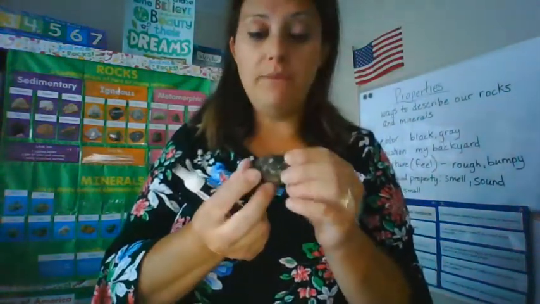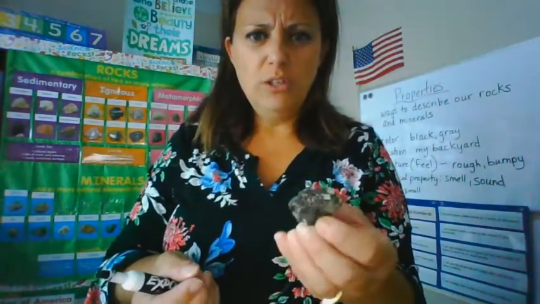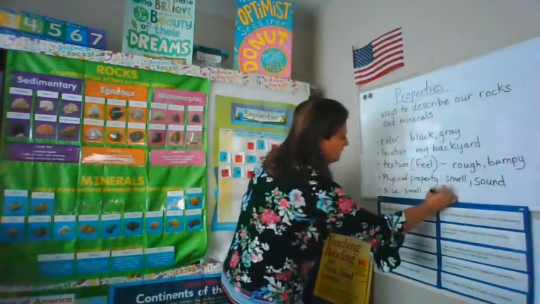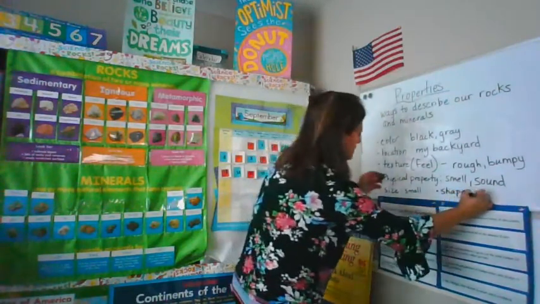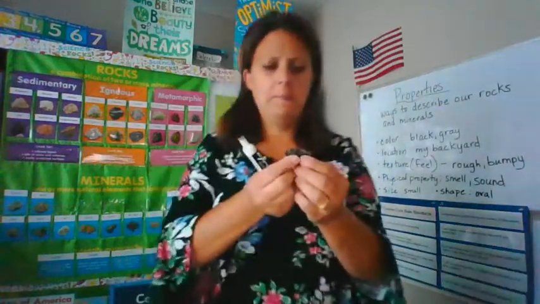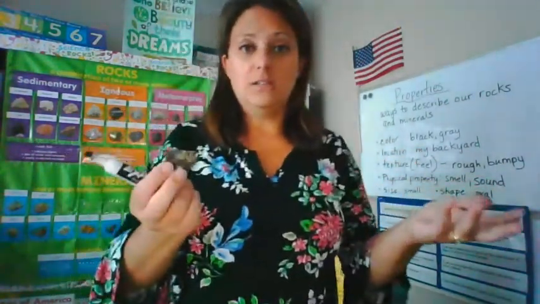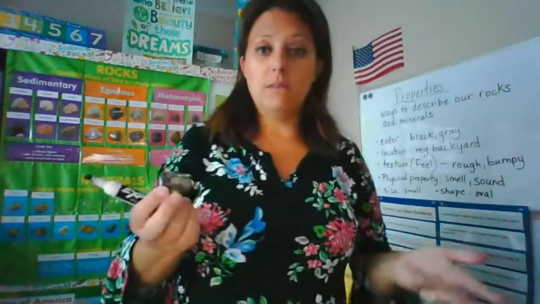And how about the shape of it? I'd say this particular rock is kind of roundish, ovalish with bumpy sides. I'd say it's sort of oval looking if I were to describe mine. So that's basically it in a nutshell in terms of describing properties. Properties are observations that we use to describe our rocks and minerals.